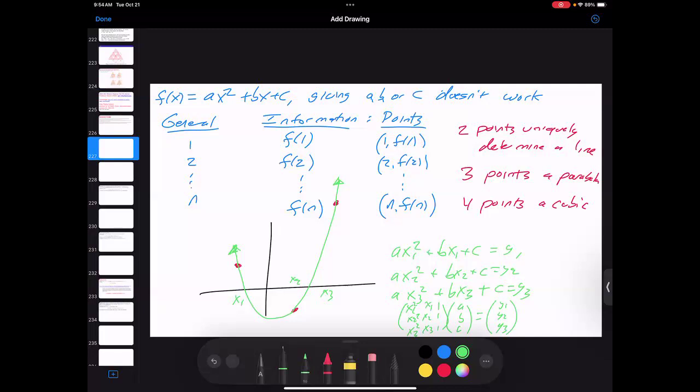Can you solve for a, b, and c? So what do you think? Are we going to be able to find a, b, and c?